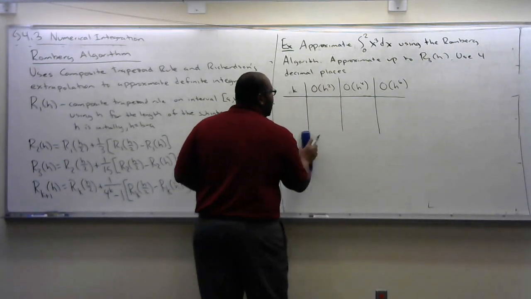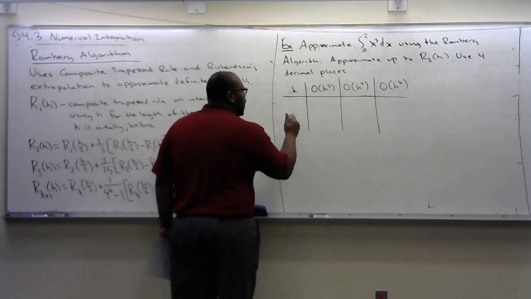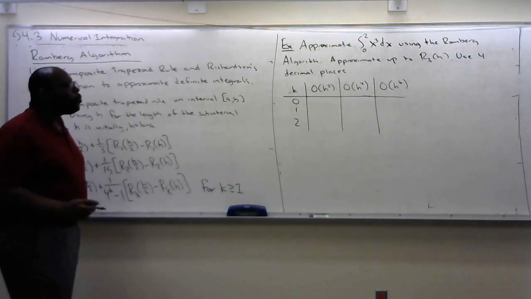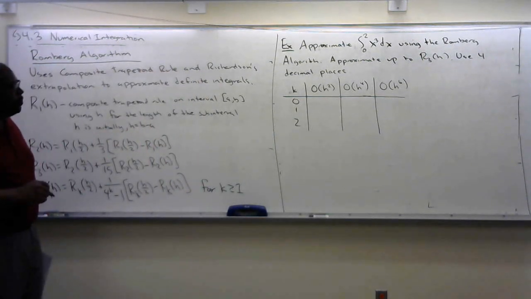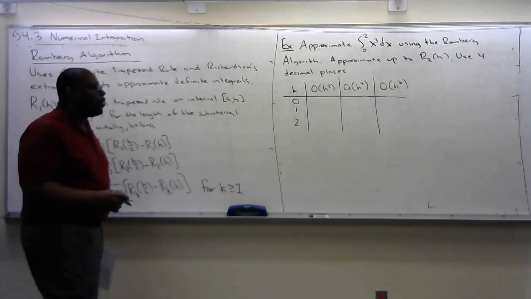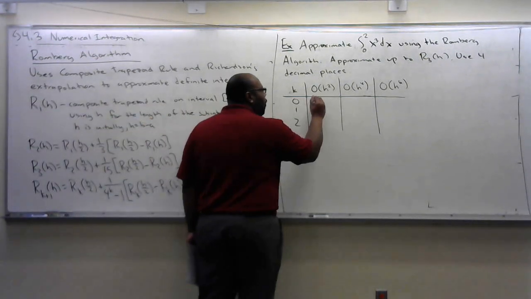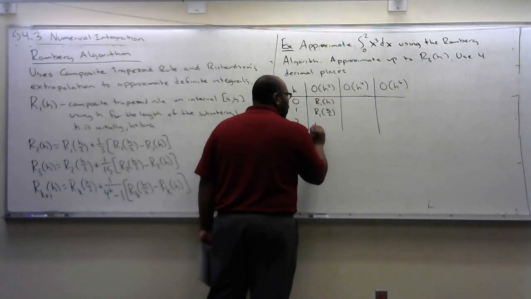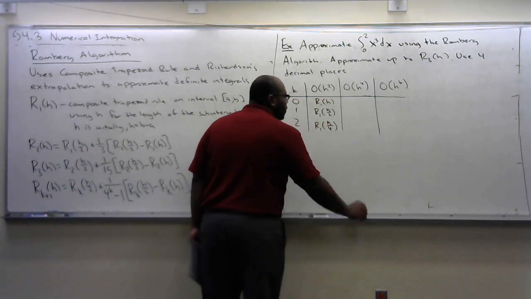I'm going to leave some space. I have 0, 1, 2. And if you remember what I told you before, when we talked about Richardson's extrapolation, I want to do the first column first. So I have R sub 1, h, R sub 1, h divided by 2, R sub 1, h divided by 4.